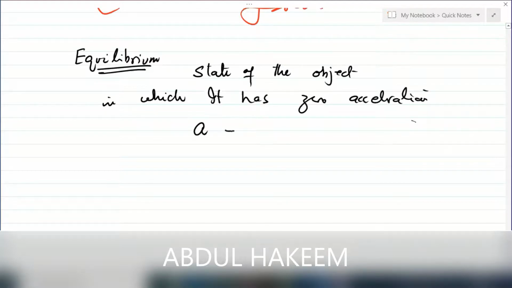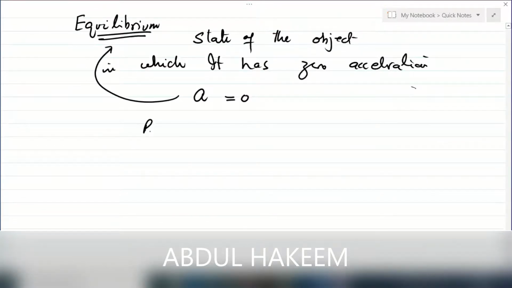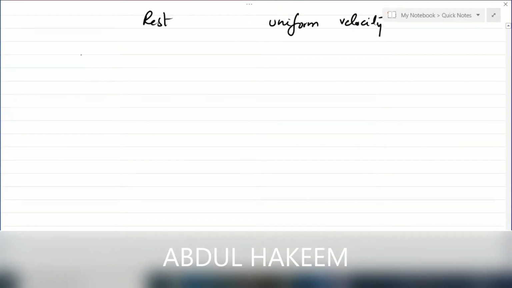If the acceleration in the object is zero, then the state of the object is equilibrium. Yes, according to O level, when the object is at rest, it has equilibrium. When it's moving with a uniform velocity, it has equilibrium.